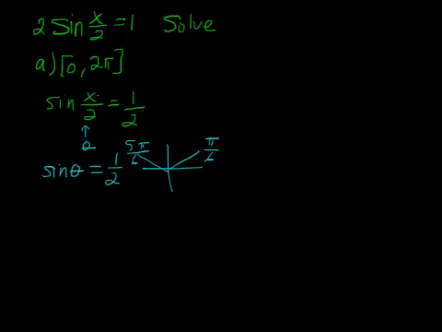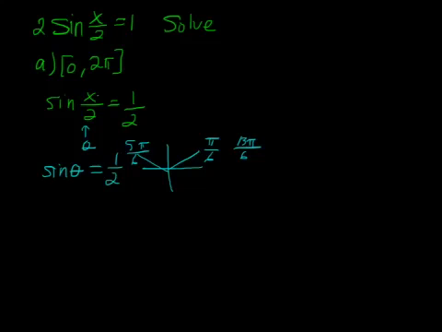And then also, add 2 pi to this, so when theta is equal to 13 pi over 6, and add 2 pi to that, so then it'd be 17 pi over 6 on this side. So this is where the interval comes into play.